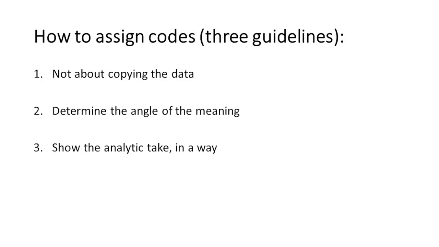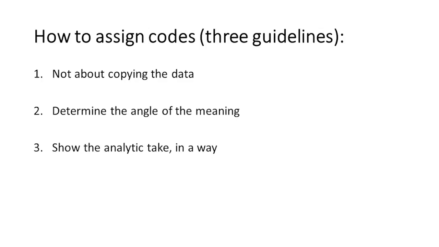And what is this principle about? A code label often contains some indication of your interpretive take. So in particular, what you think is important or interesting about this particular meaning of the sentence or the paragraph that you are drawn into.